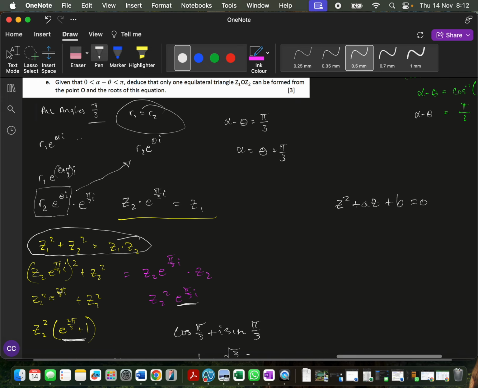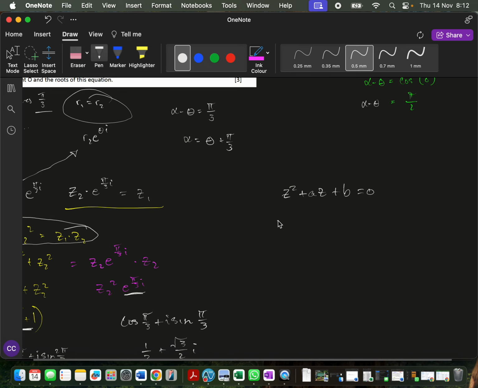If z1 and z2 are the roots of that, let's look at the sum of the roots and the product of the roots. I always write this down wrong the first time, but the sum of the roots is negative the second value divided by the first, and the product is the last term divided by the coefficient of the first.